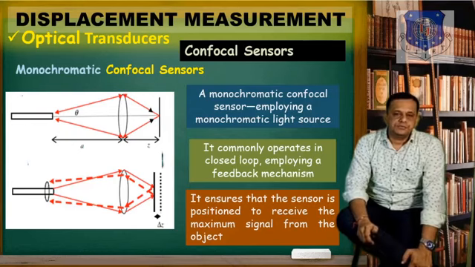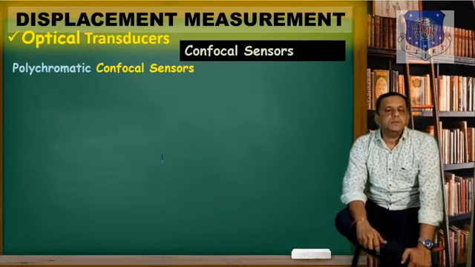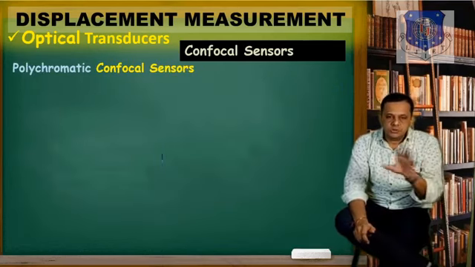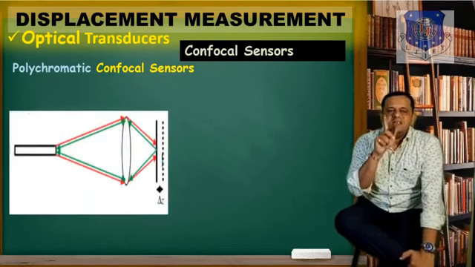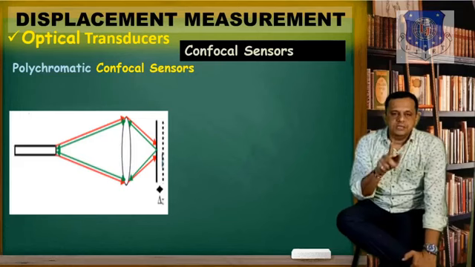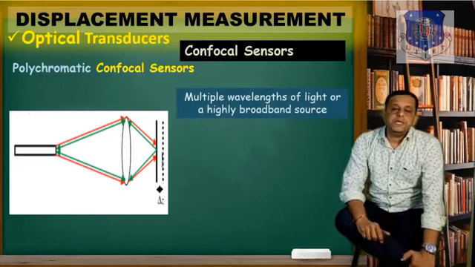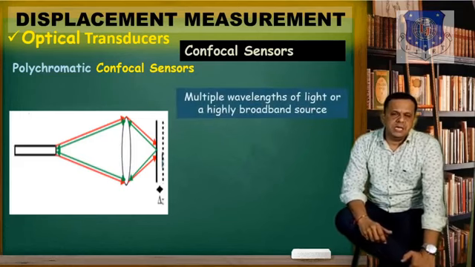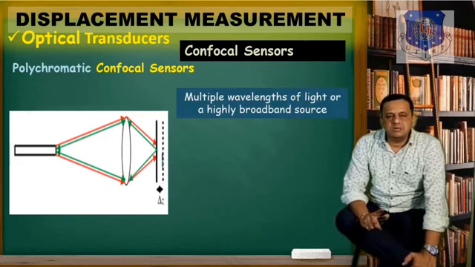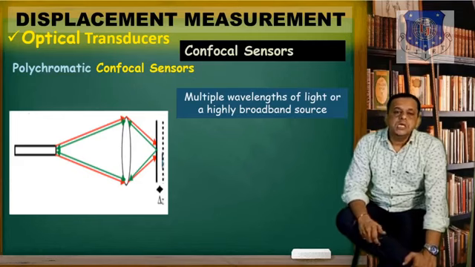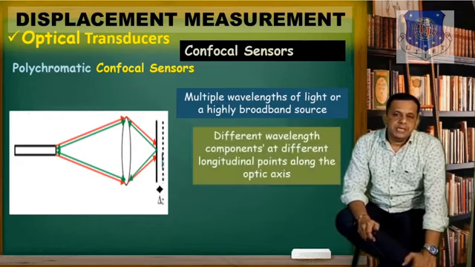In the case of polychromatic, the system is almost the same, but here not only one wavelength but multiple wavelengths of light are used, and a highly broadband source is used. We are showing red and green, both colors, to indicate multiple wavelengths.